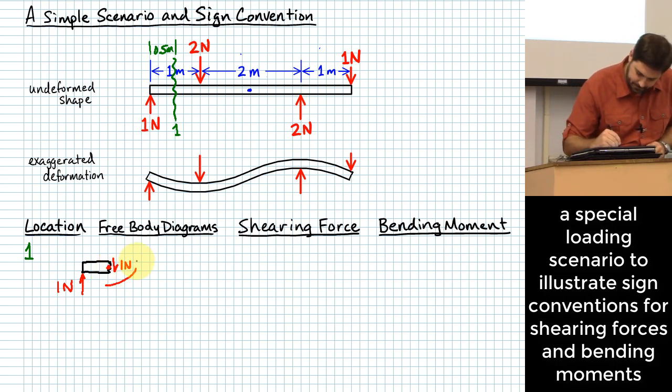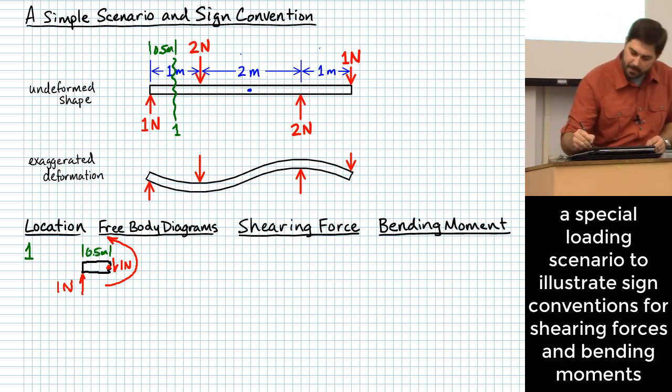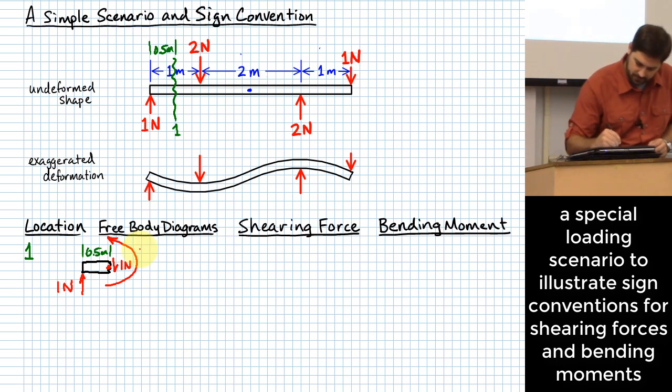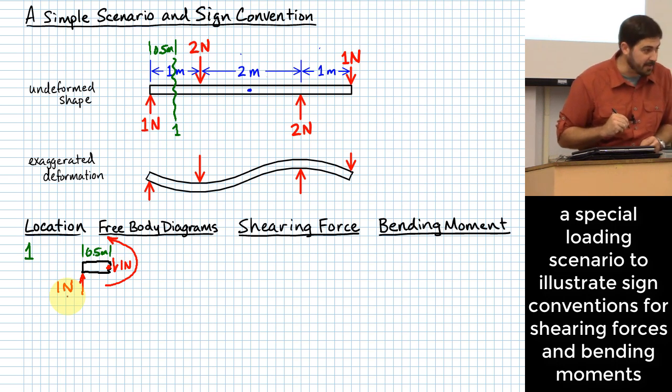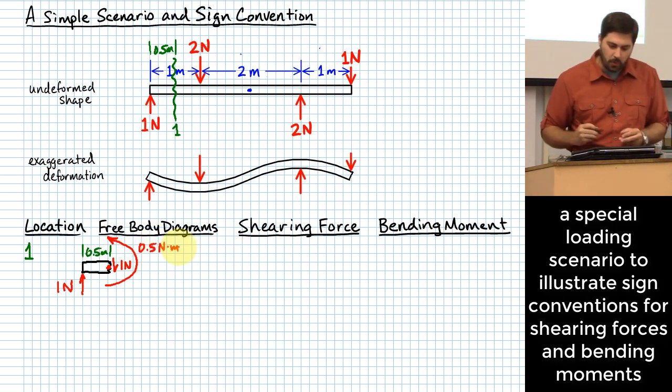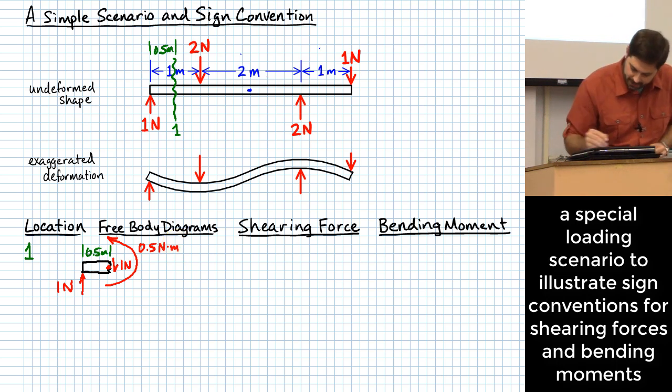Okay, a counterclockwise moment, and if this is at half a meter, like I said, then what's that moment value going to be? Any thoughts? Okay, 1 Newton times 0.5 meters, it'll be half a Newton meter. Wonderful. What's the other side of this diagram going to look like?